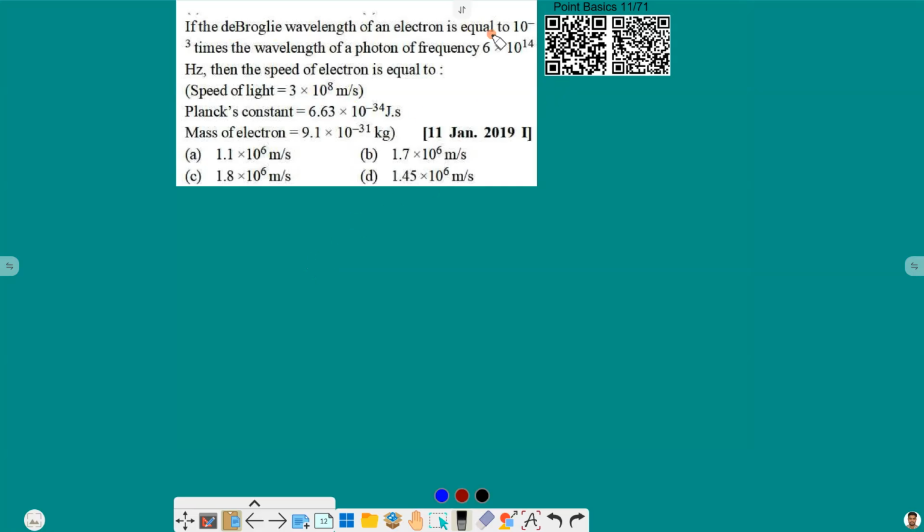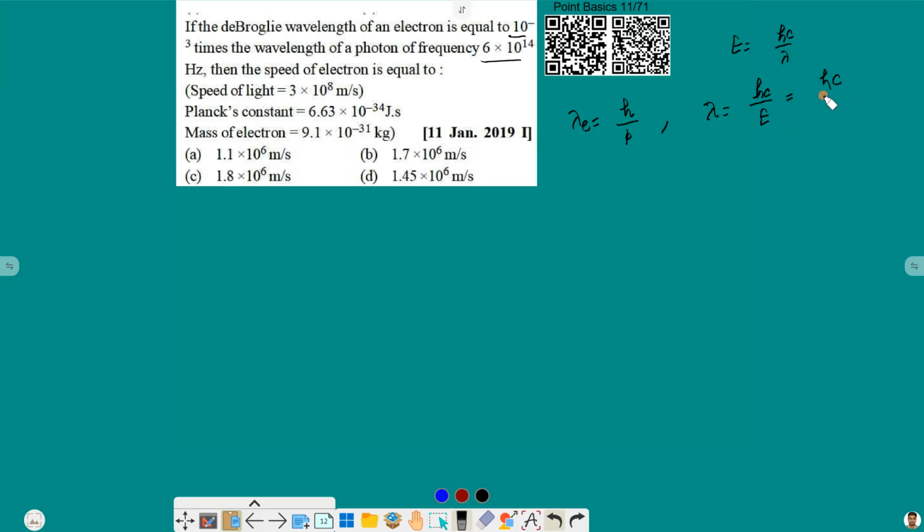If the de Broglie wavelength of an electron is equal to 10 raised to power minus 3 times the wavelength of a photon of frequency 6 into 10 raised to power 14 hertz, the speed of the electron will be equal to. So we know that the de Broglie wavelength for an electron will be equal to h by momentum, and the wavelength for a photon: we know that energy is equal to hc by lambda, so lambda will be hc by E, and it has to be written in terms of frequency.